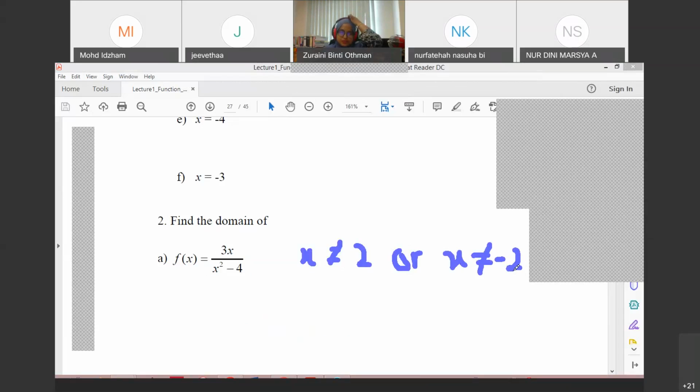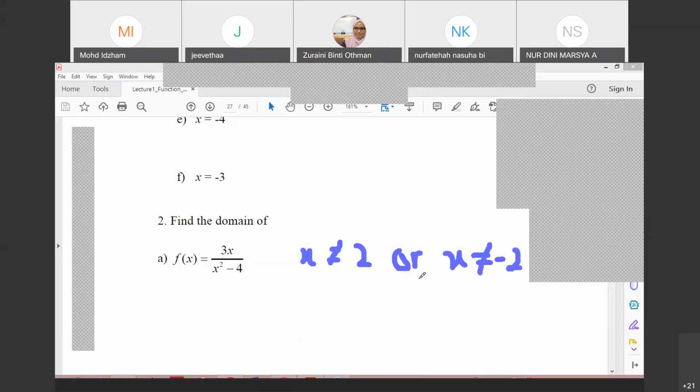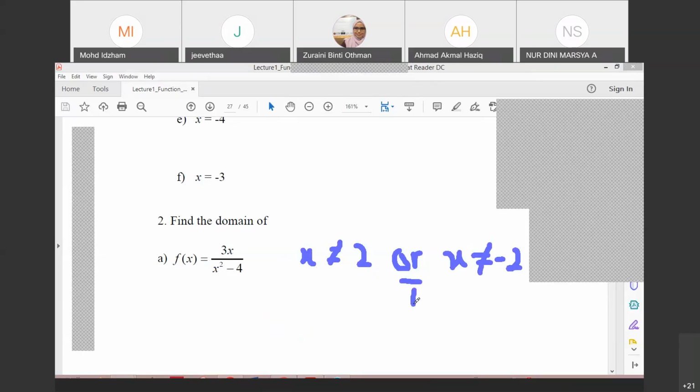Okay, now here we are using O, kalau salah satu. Betul. Tu kalau salah satu. Maksudnya kita guna salah satu, kita takkan akan ada satu keadaan ada dua-dua. Maksudnya x ni tak akan jadi 2 dan negatif 2 dalam masa serentak, right? So we have to put O here.